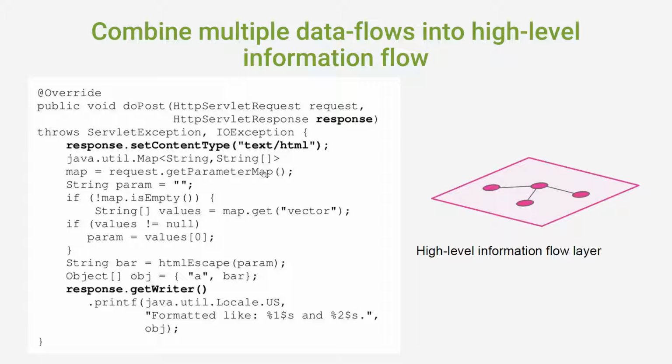So here you see that the response is actually set to content type text HTML. If that were not the case, then this would not be a cross-site scripting vulnerability, ignoring the escaping there for a moment. So we actually have two data flows that we need to put together in order to recognize that this is a high-level flow from HTTP back to an HTML document.